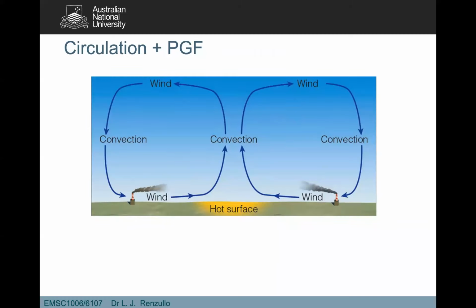Okay, so here's a schematic of the idea of the circulation pattern. We have a hot, heated surface, heating the air above it, that air rising because it's less dense than its surrounds. So that rising air leads to that convection. As the rising air gets to the top of the atmosphere, it starts to cool, and then it starts to descend on the descending lobes, leading to this circulation.